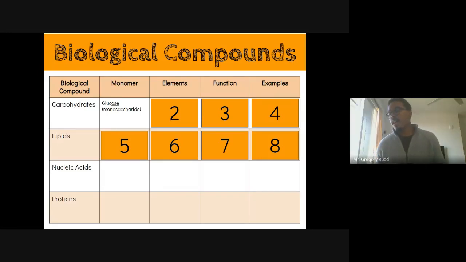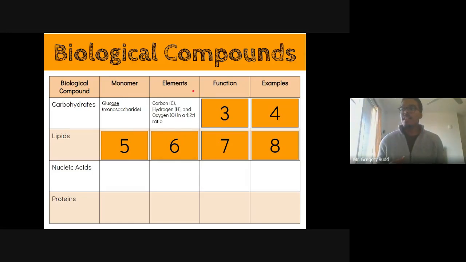And I see, Abigail, you gave us that answer in the chat as well. So I'm appreciative of both you and Lisa. That's correct. Now, the special thing about carbohydrates is that those 3 elements exist in a 1:2:1 ratio. We talked about that yesterday, but that really distinguishes between carbs and lipids. So it's an important thing to know.